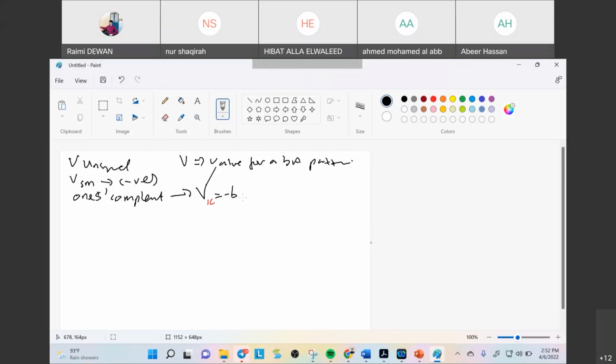I think you just see this and more unknowns come out, but it's actually simple when we go through the example. b n minus 1 times 2 to the power of n minus 1, plus the summation from i equals 0 to n minus 2 of bi times 2 to the power of i.